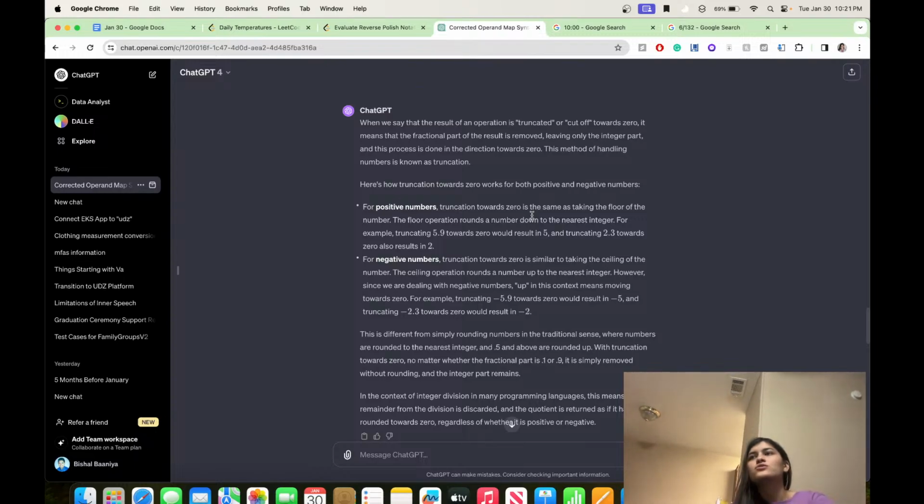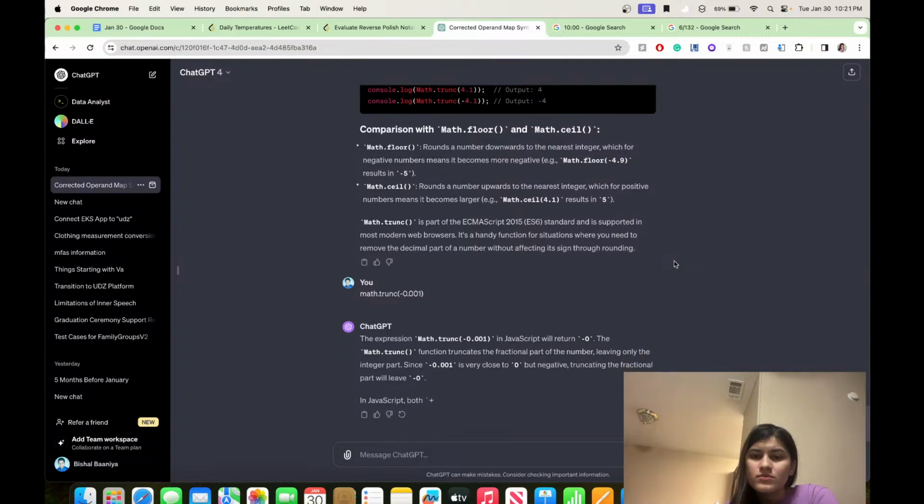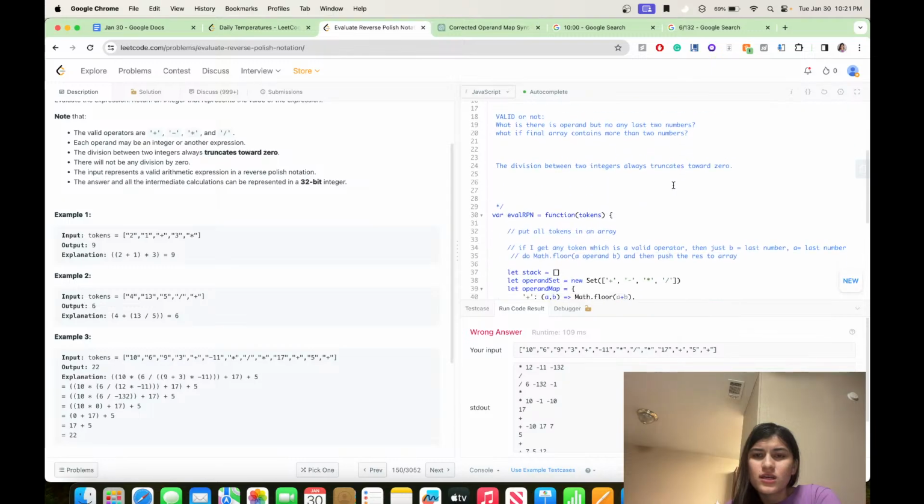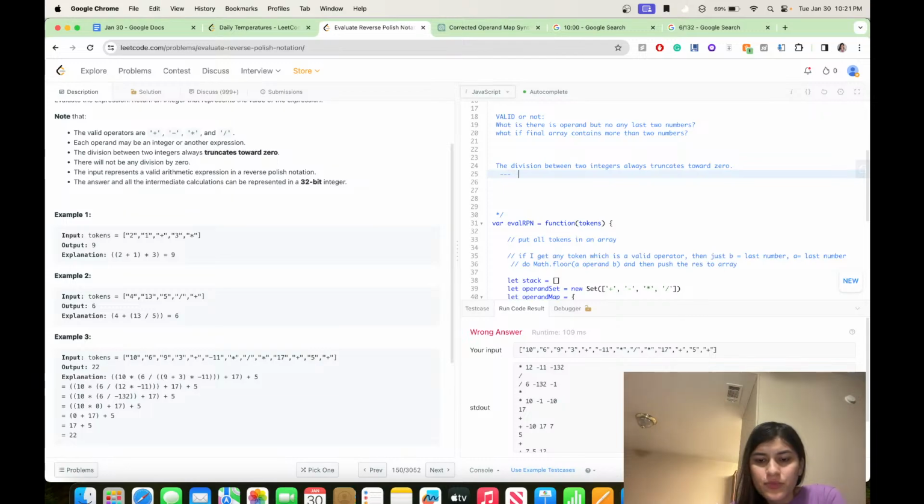The process is done in the direction towards 0. Obviously, I mean, it should work, right? Because the process is done truncating towards 0, right? So suppose there is a number between 3 and 4, since we are truncating towards 0, then it will be 3, right?